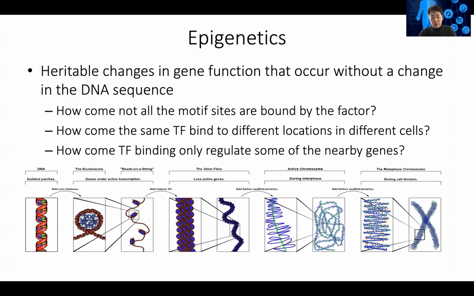But during the regular cell cycle, in the non-division phases, the cell has more relaxed chromatin, and the really open chromatin regions will be active for transcriptional activity. So understanding the epigenetics of the cell will tell us which locations are more compact versus more open, which will dictate what kinds of genes are going to be transcribed.